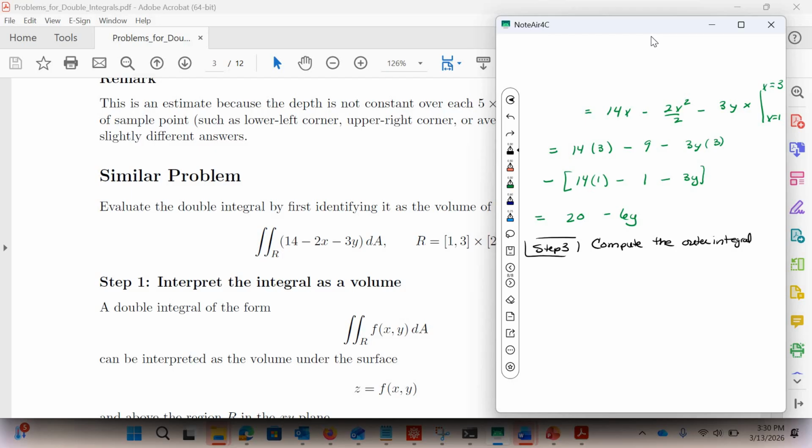Let's see. Yes, 33, but then we'll subtract 14. Negative 9 plus 1 is 8. I think it is 20.